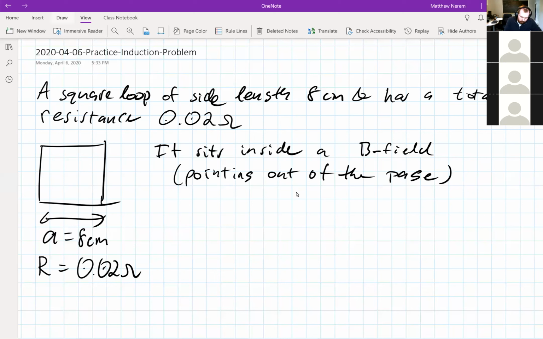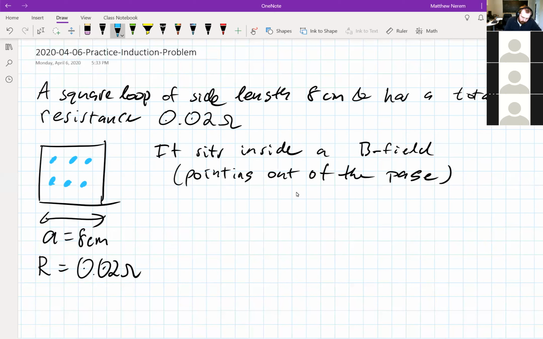Right, so it's here. Give it some colors. If it's pointing out of the page, that means that we're having a field which I'll call B external.